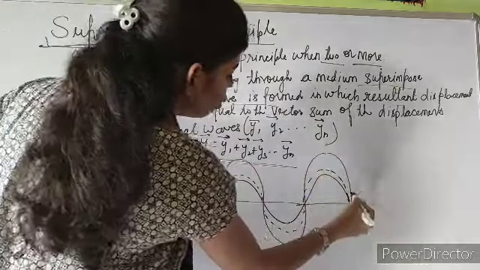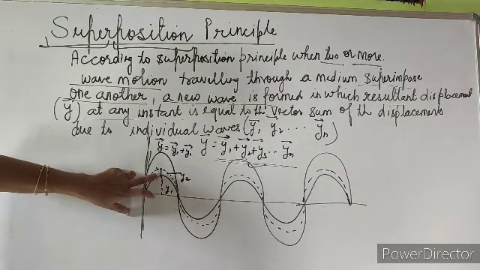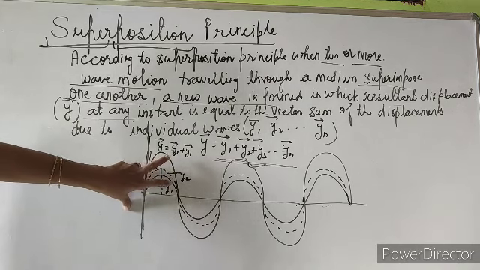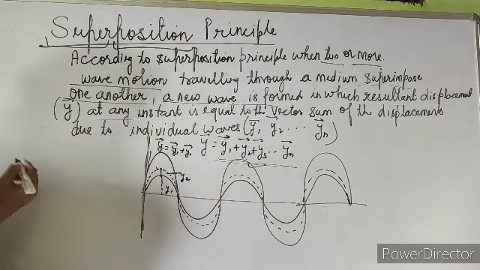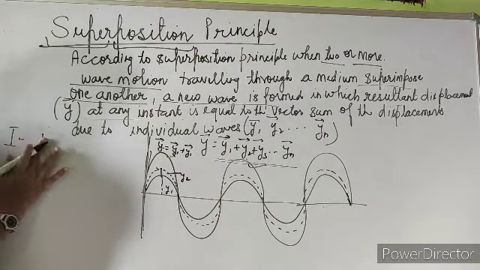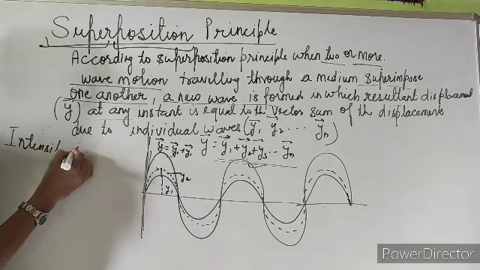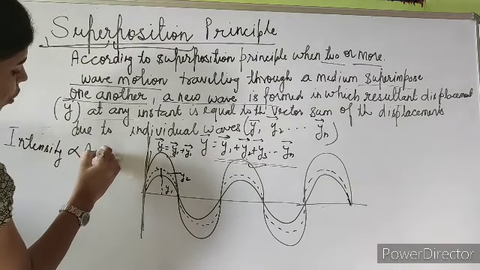So this would be your resultant wave. So when crest of one wave falls on the crest of another wave, displacement of the resultant wave would be equal to the sum of individual displacements. Or we can understand that the intensity of the resultant wave is directly proportional to the amplitude square.